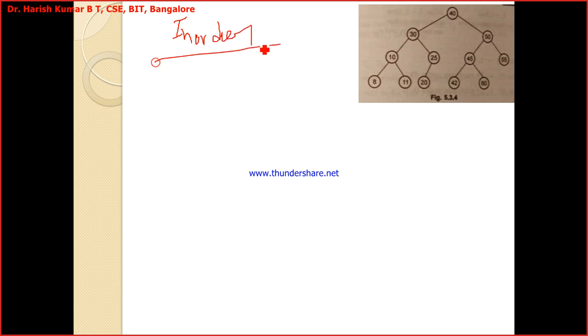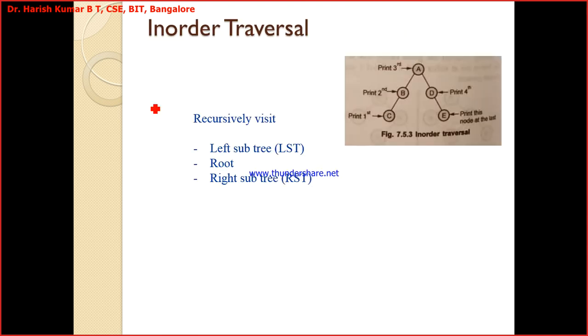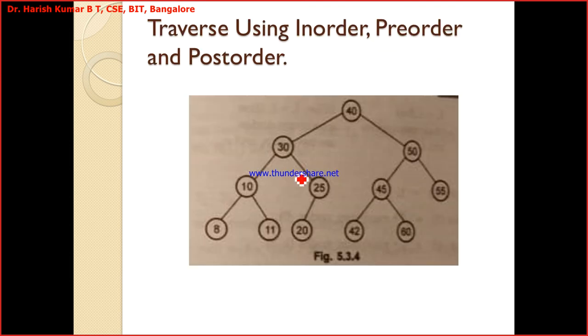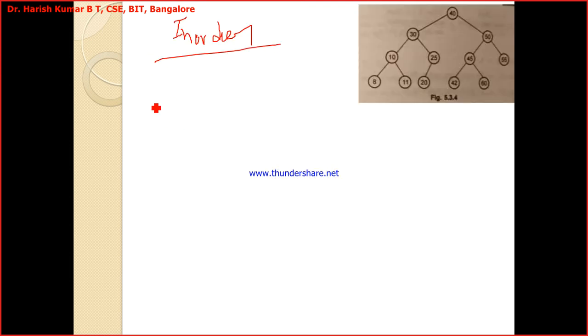In order, okay. So you know the in order rule, it is LST, root and then RST. So I'll write L, small r for root, this is small r, and big R for right subtree.